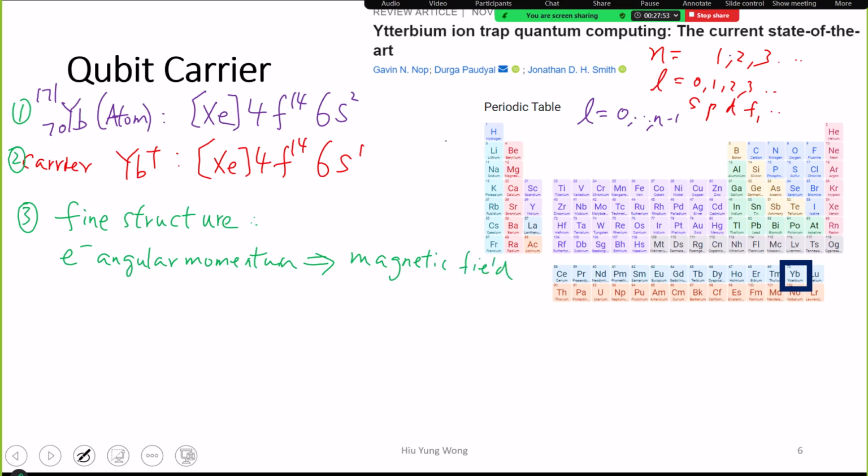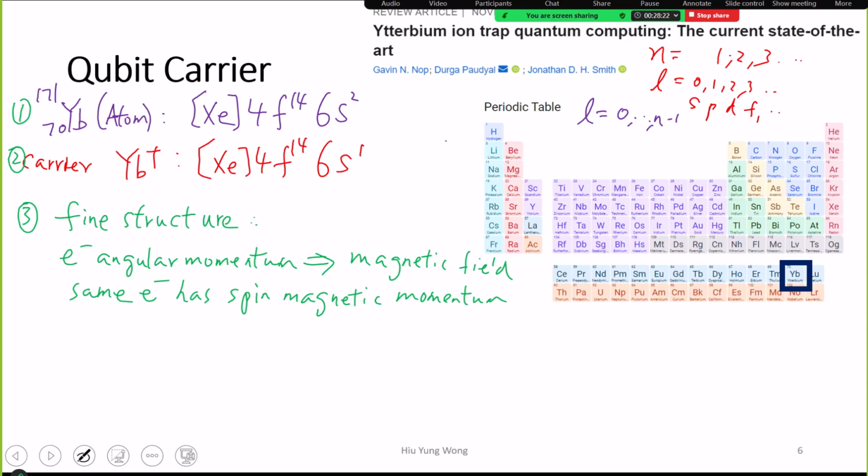Good. So the electron is moving and produces a magnetic field. But do not forget, the same electron also has a spin magnetic moment. We are very familiar with this from when we discussed the spin qubit. Because it has spin, it has a magnetic moment.